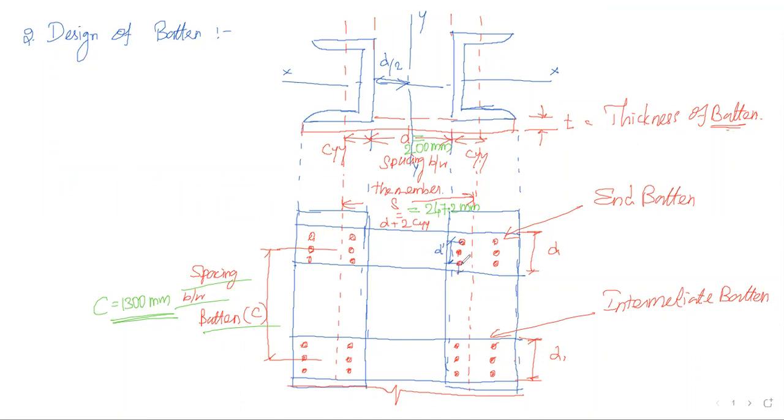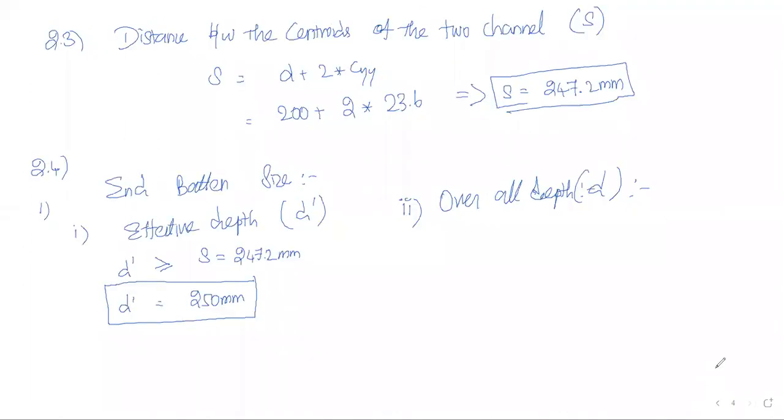So here one edge distance E and here another edge distance E we have to add. If I add these two edge distances, then I can get the overall depth. So the formula is overall depth D is equal to D dash plus 2 times the edge distance.